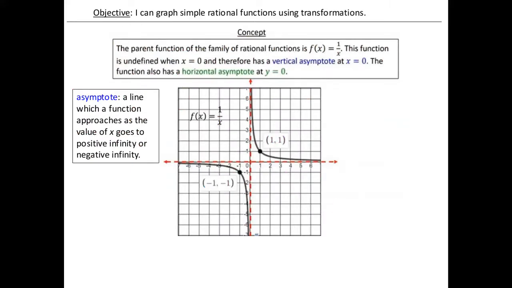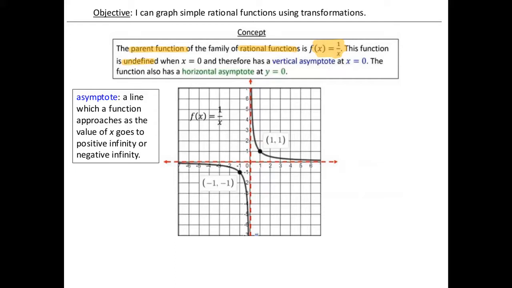So for the concept we have here, it tells you that the parent function for the family of rational functions is f of x equals 1 over x. If you notice, the variable is in the denominator, and we talked about this on Friday, we are not able to divide by 0.